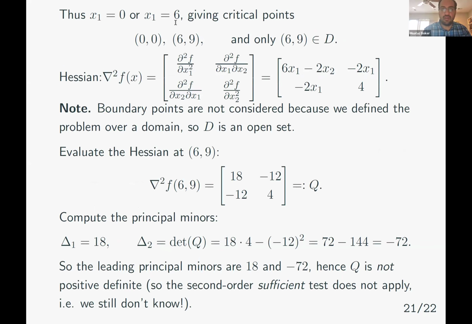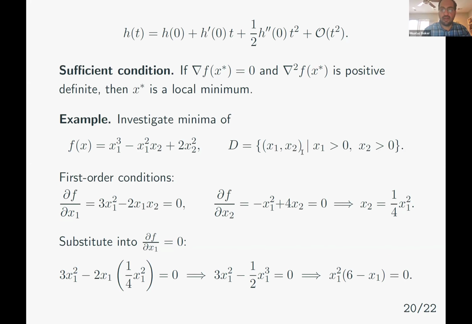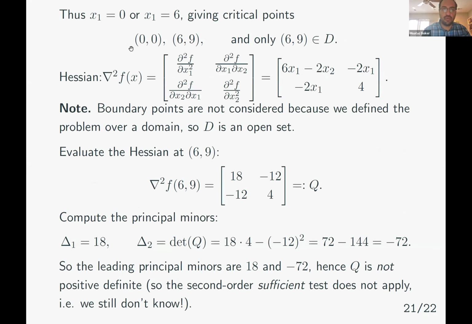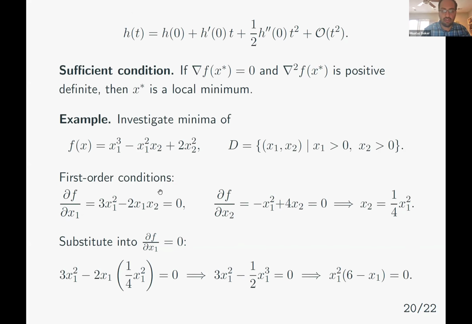But now you need to check the domain. Once you have x1, you can find the related x2 by substituting back using these equations.